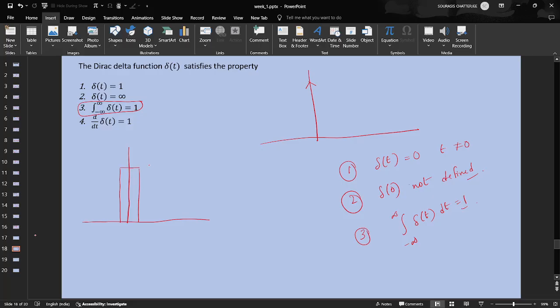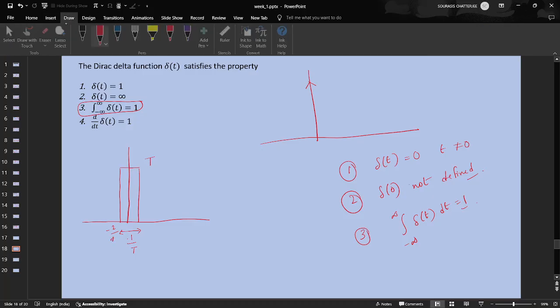This pulse has amplitude T, whereas its width is 1 over T. It goes from minus 1 over 2T to 1 over 2T.